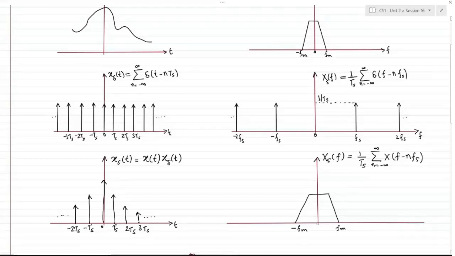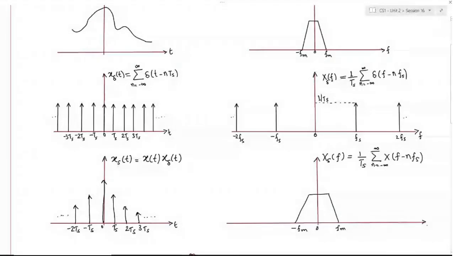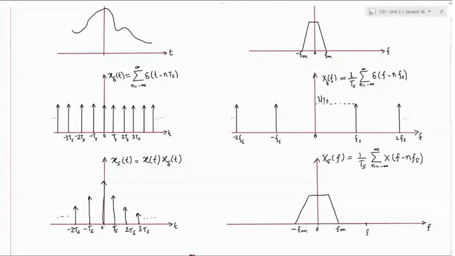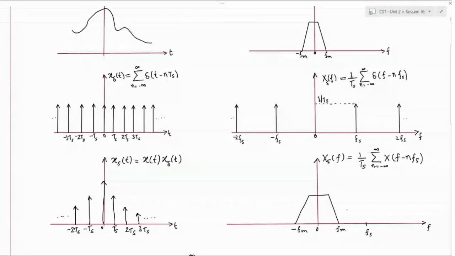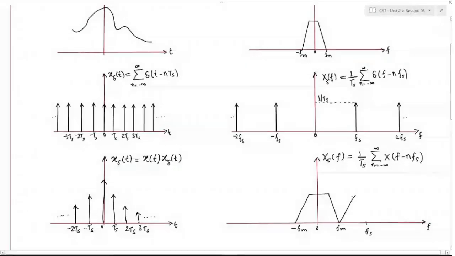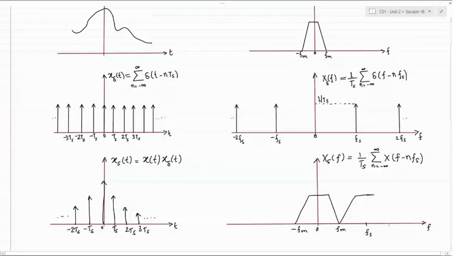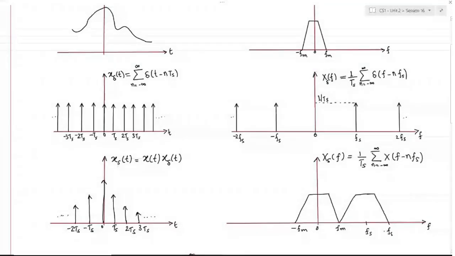Next it will be for n equals 1, which is a shifted version of this. Say if this is 0 on the frequency scale, it will shift so the center frequency is fs, and hence the same information bearing signal is shifted by an amount of fs. So this will be fs, and I can say the width is fs plus fm. I need not specify anything because I'm just shifting this.